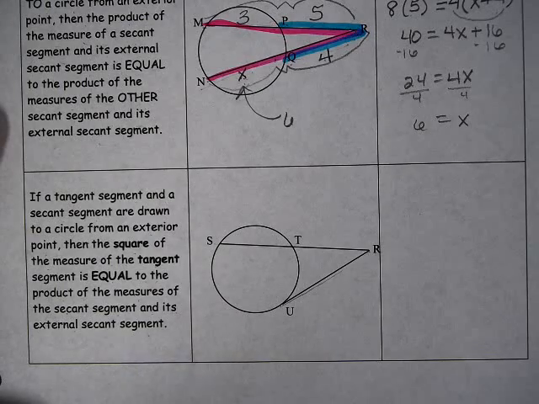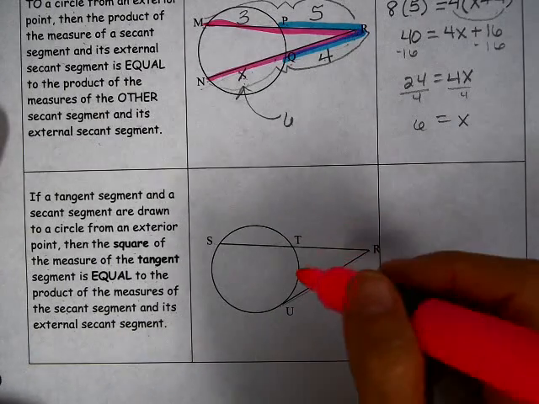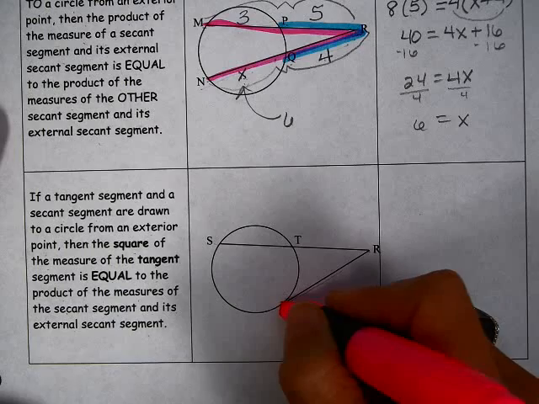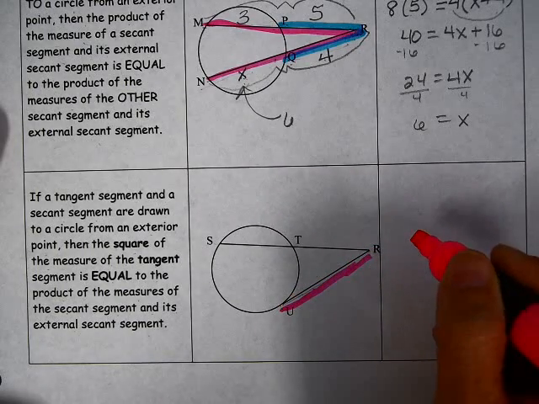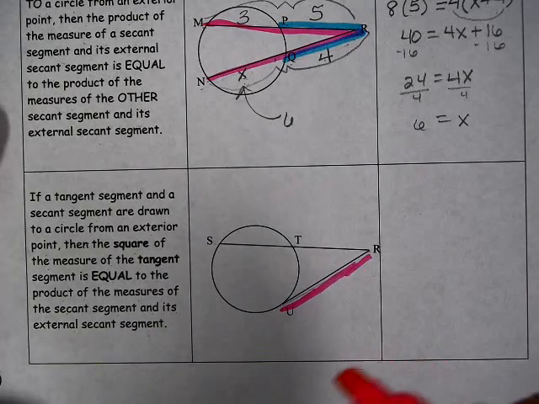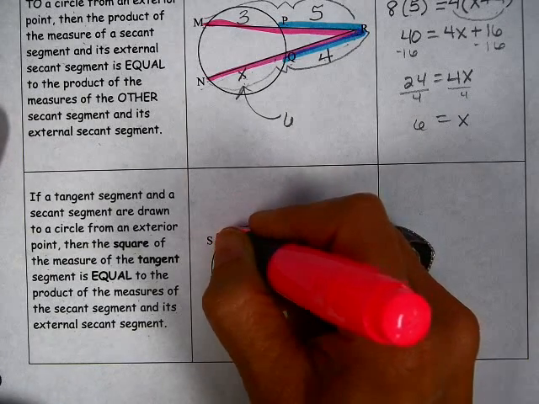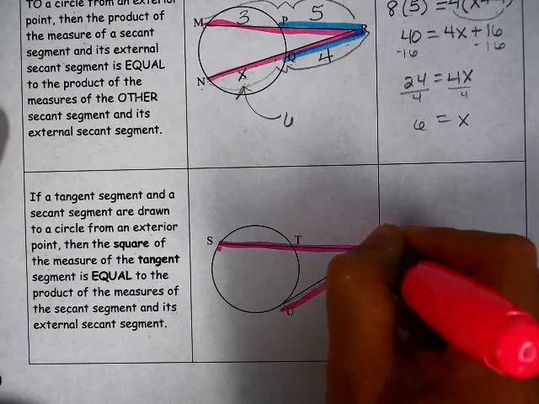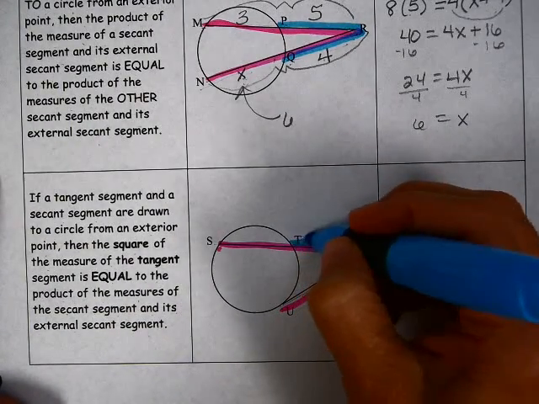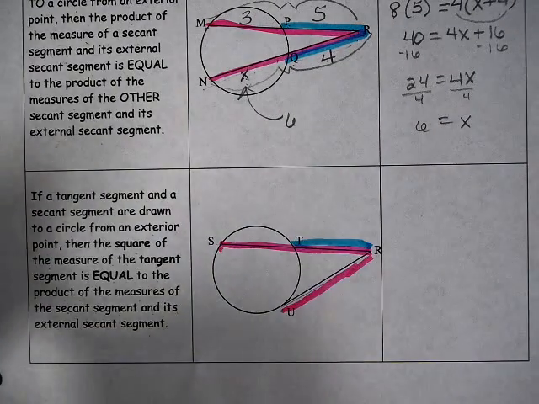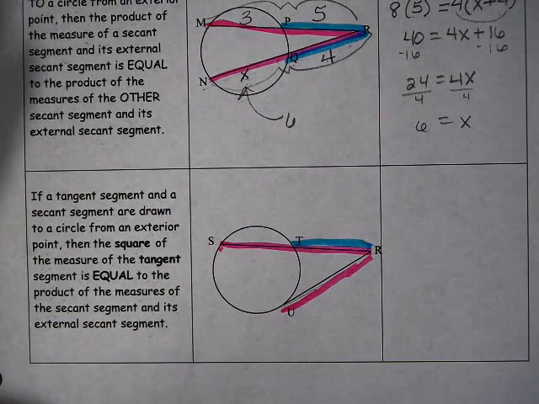What we're saying there is if you take this tangent and square it and set it equal to this secant times its external portion, you can solve for any missing parts.